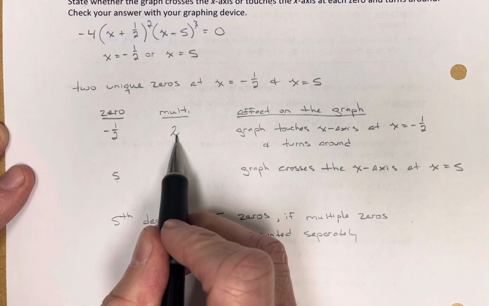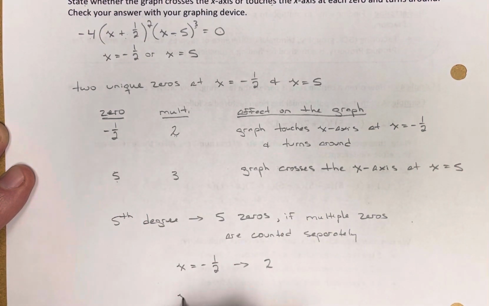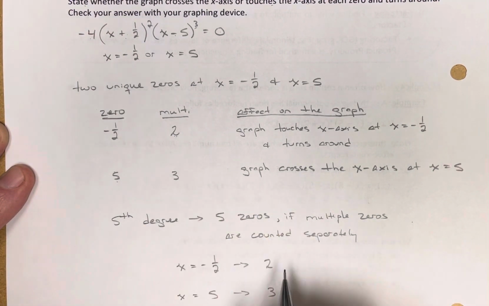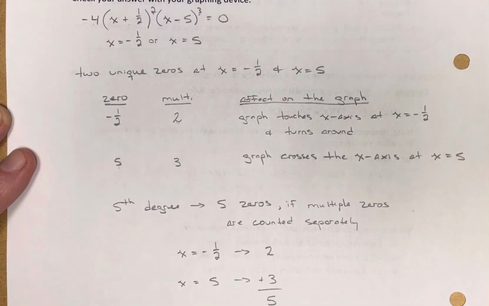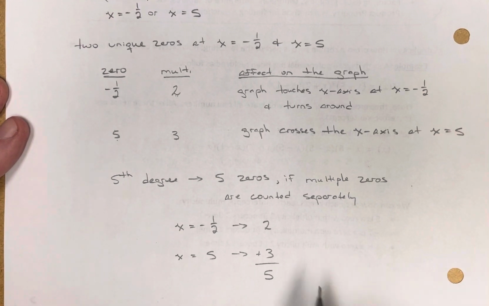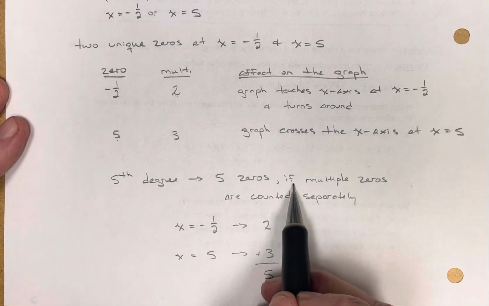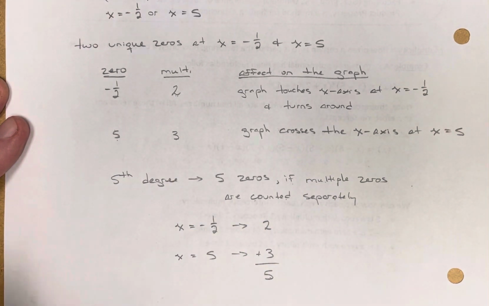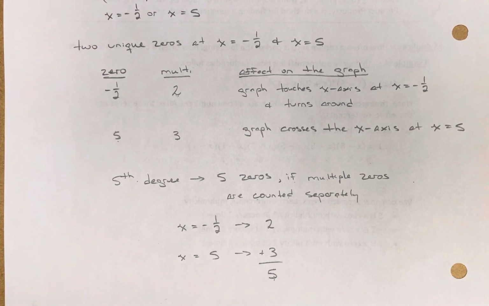That's multiplicity 2. Our 0 of x equals 5 takes place 3 times. 5 has multiplicity 3. And if I add those two numbers up, I get 5. 5 solutions if multiple zeros are counted separately for a 5th degree polynomial. The degree and the number of solutions always match up.